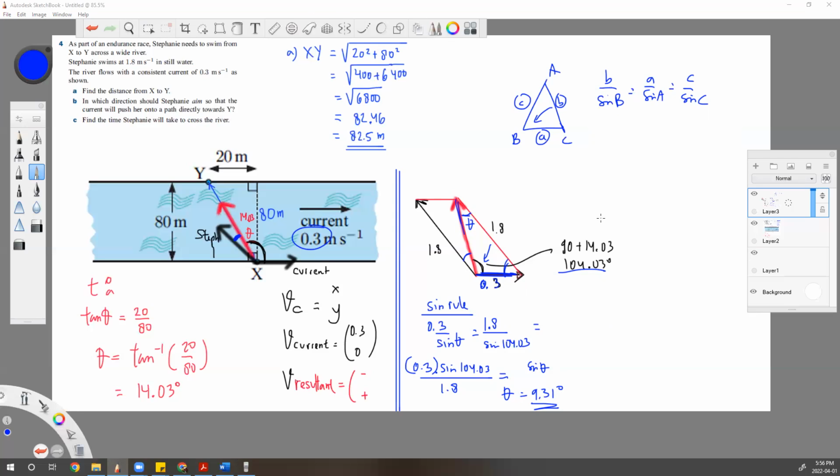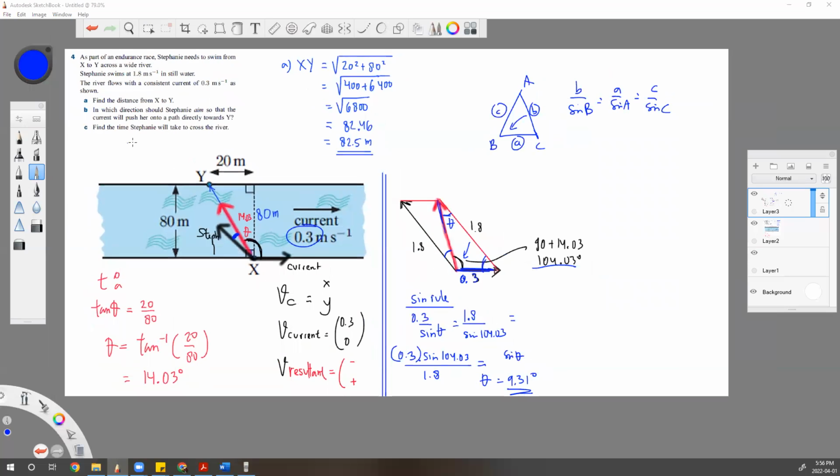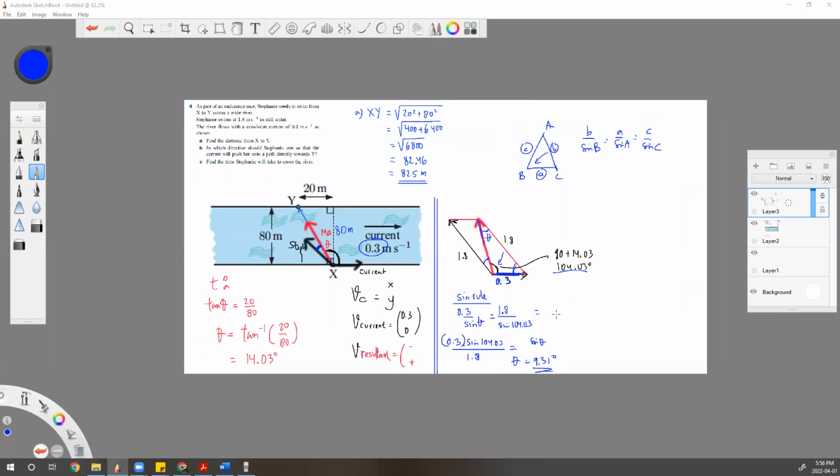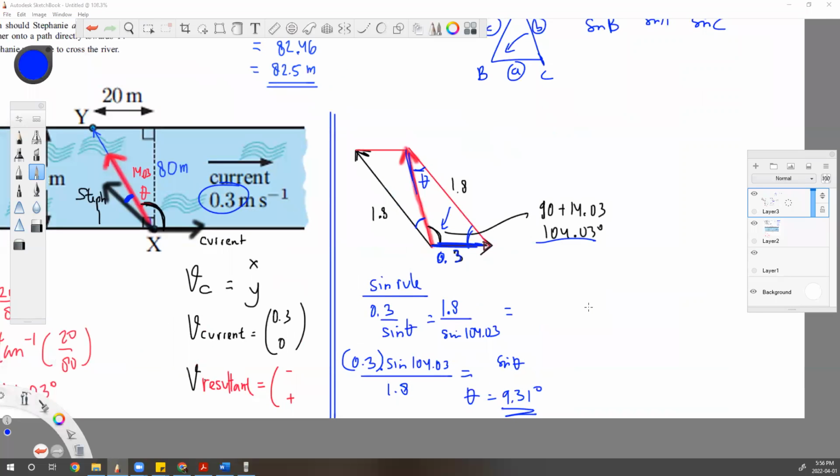Okay, continue. For part C, find the time Stephanie will take to cross the river. If we know theta already, 9.31, you can find the resulting vector of the speed. So V of the resultant equals V of the current plus V of Stephanie, right?